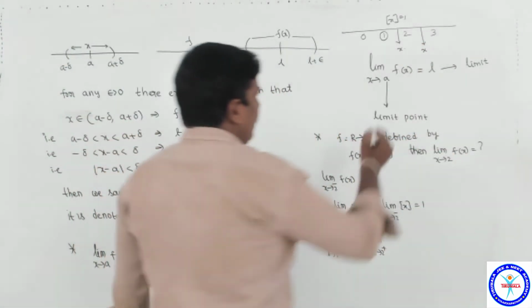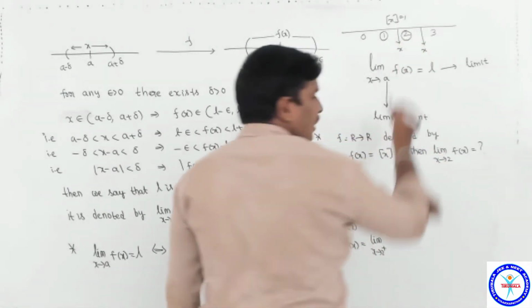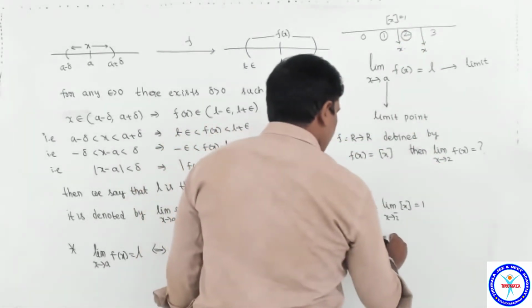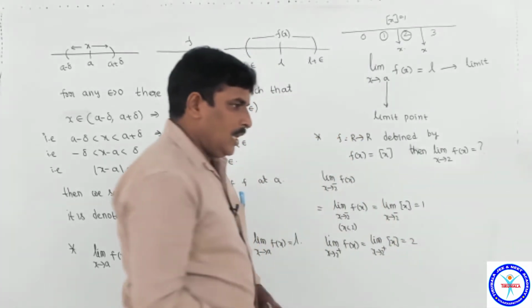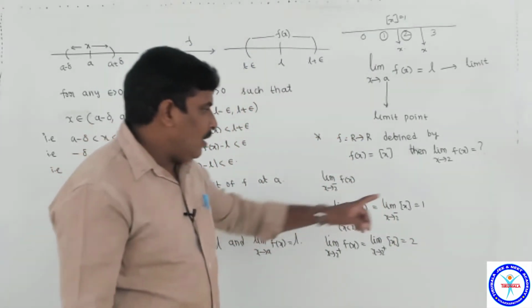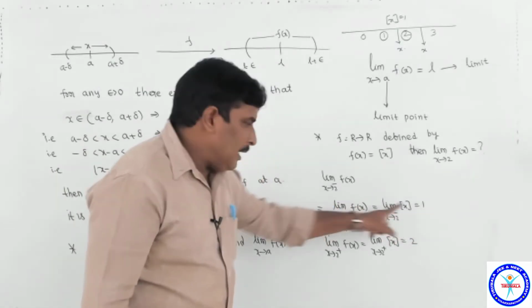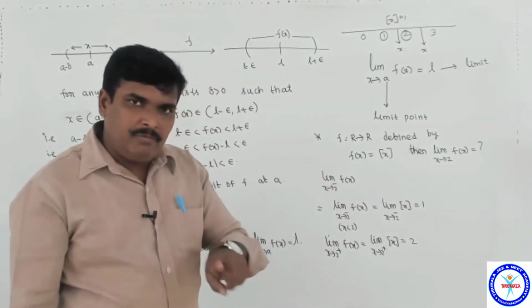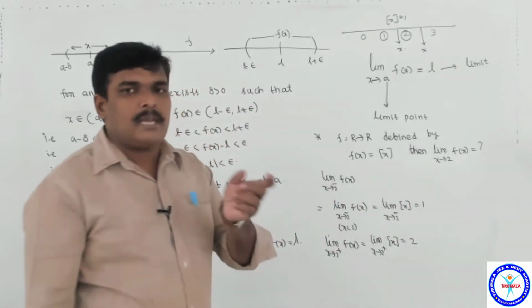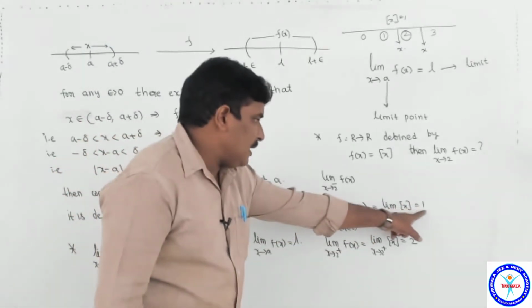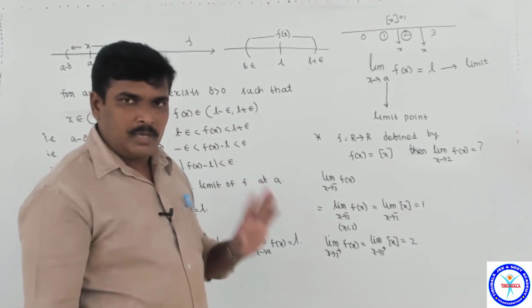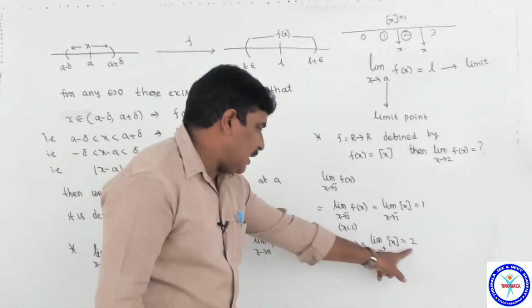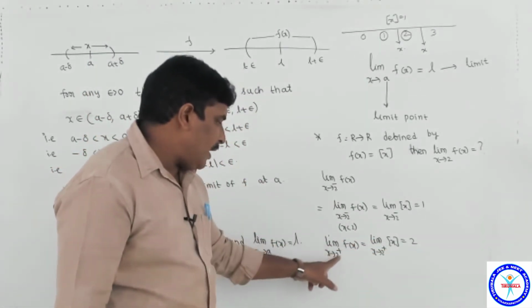When x is greater than 2, the integer before it is 2, so the integral part of x equals 2. Minus represents the left, plus represents the right. Here 1 is the left limit of f at 2, and 2 is the right limit of f at 2.